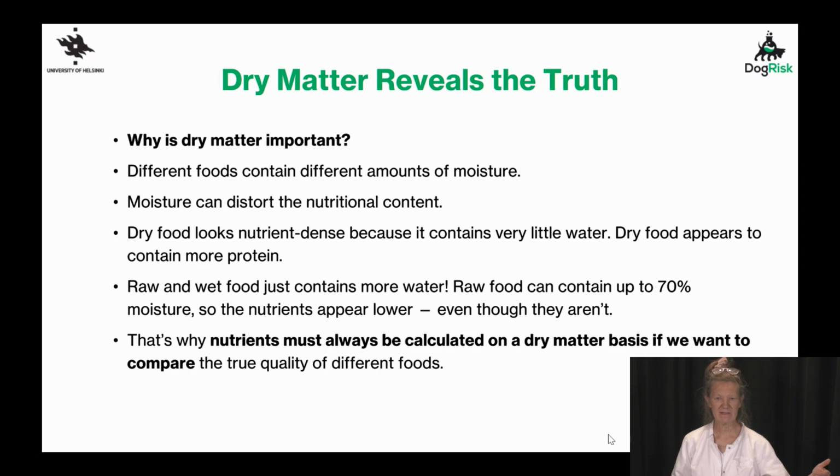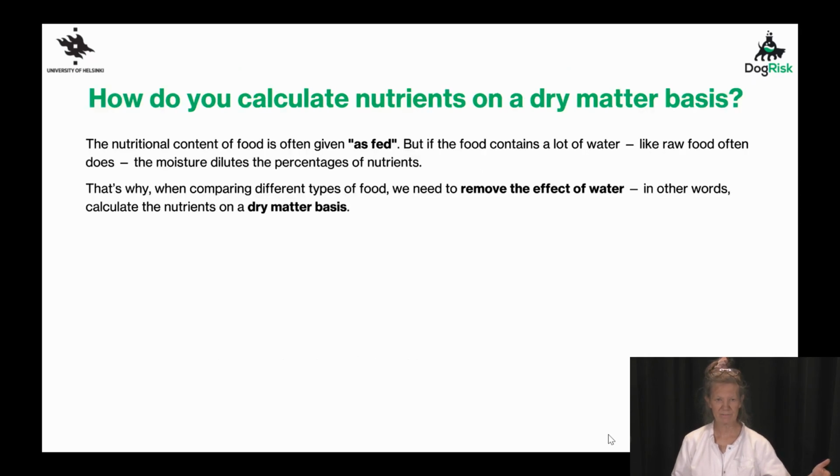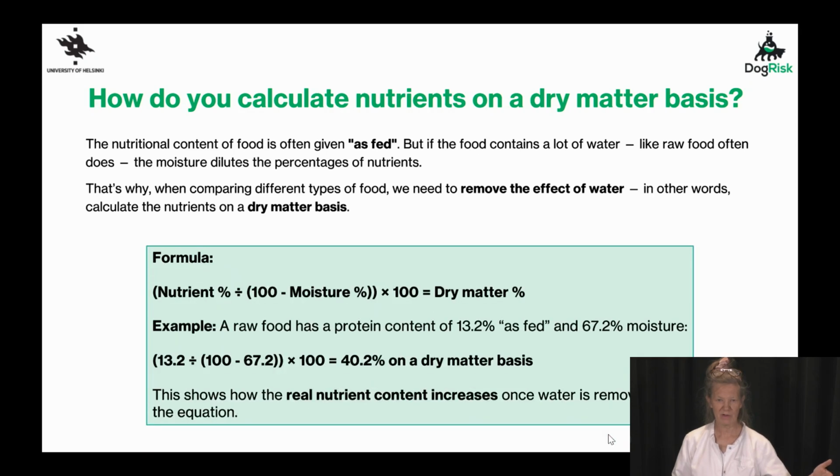So then let's start calculating these on a dry matter basis. We use this formula. Here I give you an example of a protein content of 13.2% as fed. This is from a raw food that is on the market, which also has a moisture level of 67.2%.